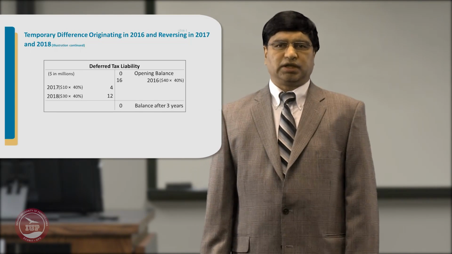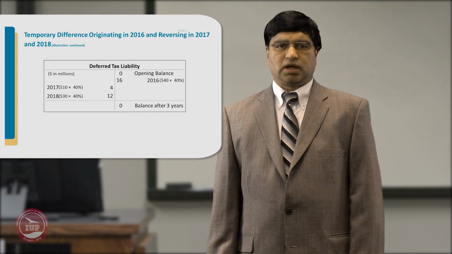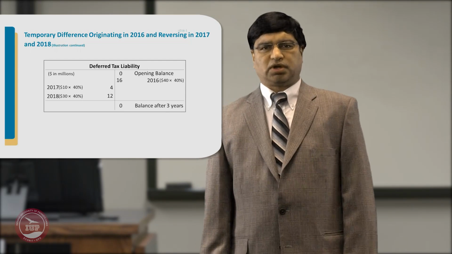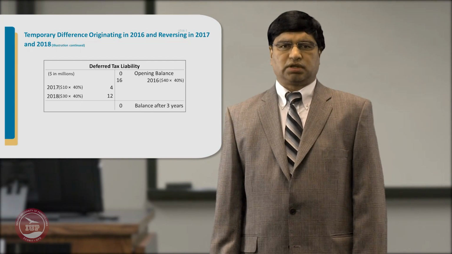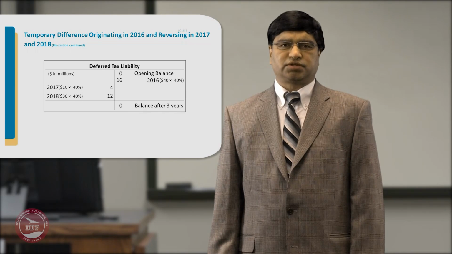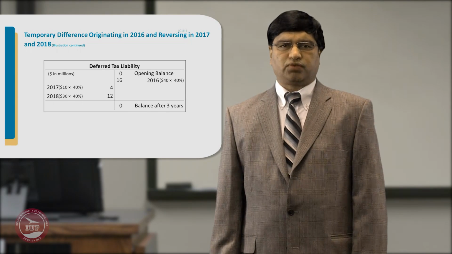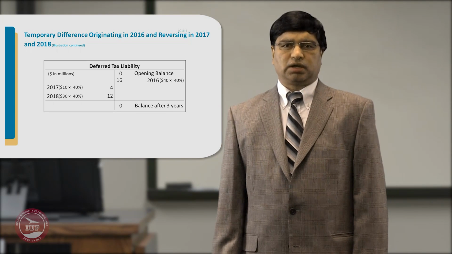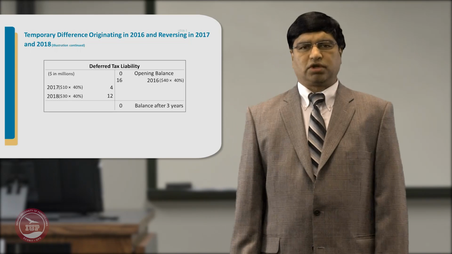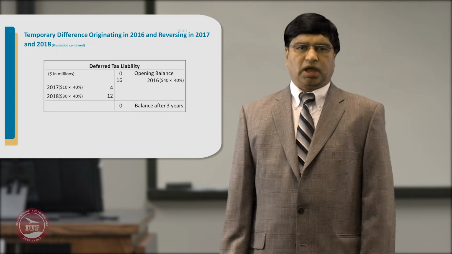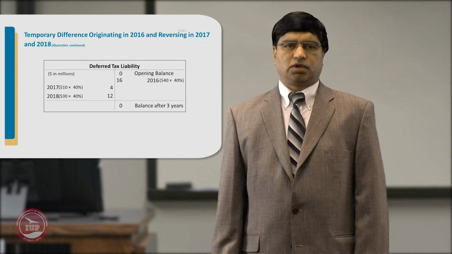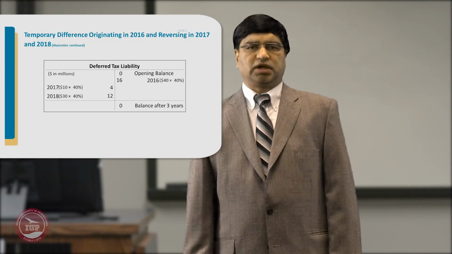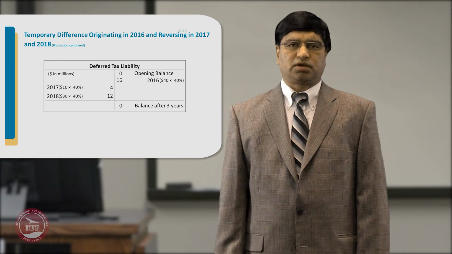In 2018, a similar thing will happen. Instead of 10 million, now you have got 30 million. The tax on 30 million is the deferred tax liability, which will reduce by $12 million. So deferred tax liability of $12 million is debited, and income taxes payable is 52 because $40 million on 100 million and the remaining $12 million on $30 million. So the income tax expense for 2018 will be reported at $40 million.